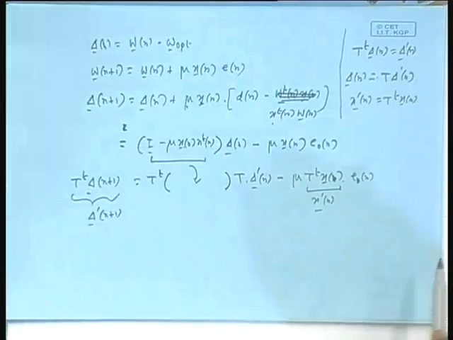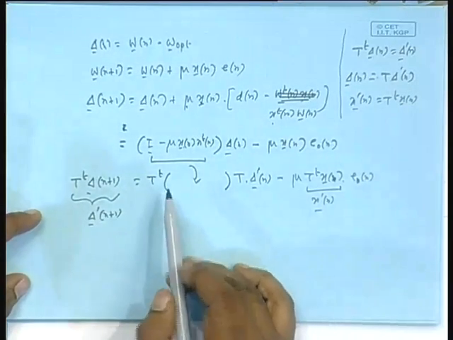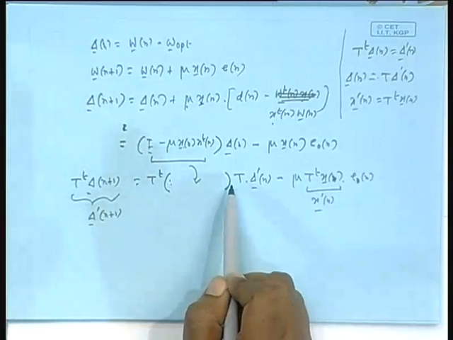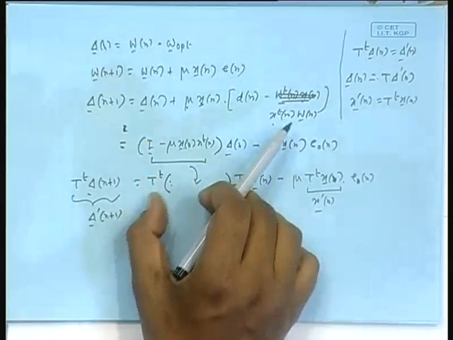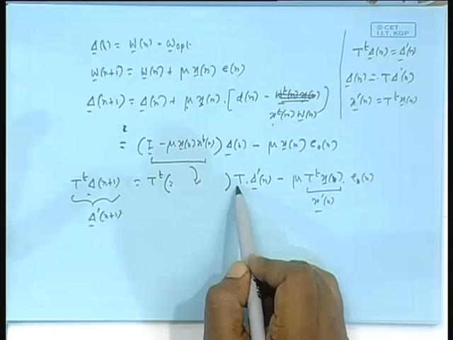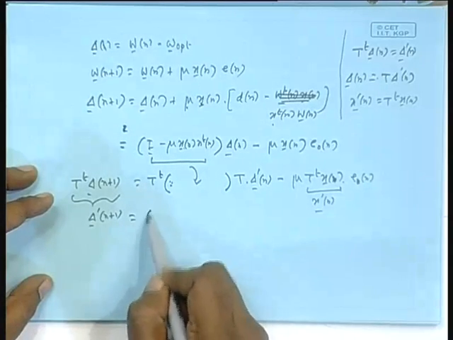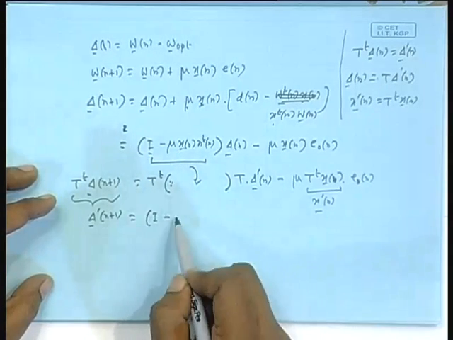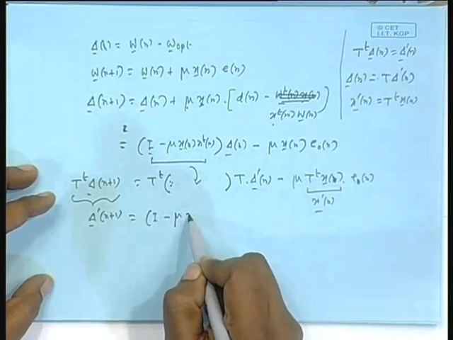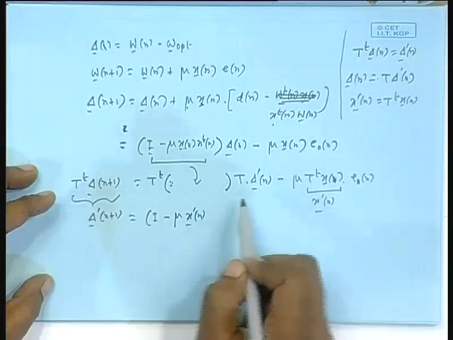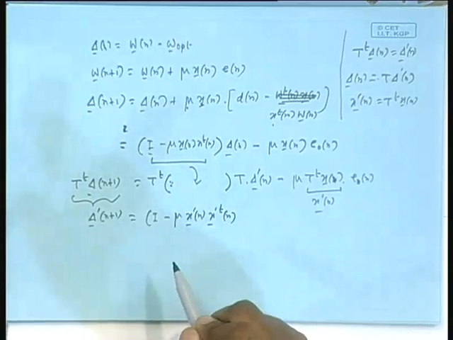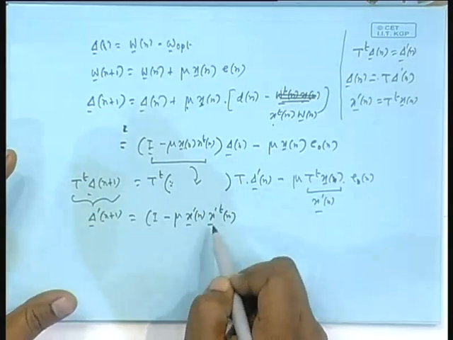eigenvalues of R. Okay. And now you see T transpose, first element here is I, and then T transpose I T is I only. You replace this here, the first term is I, T transpose I into T transpose T, that is I. So that is equal to I only, and T transpose, forget the mu, T transpose x n, that is x prime n, and x transpose n T, that is x prime n transpose, same as this.